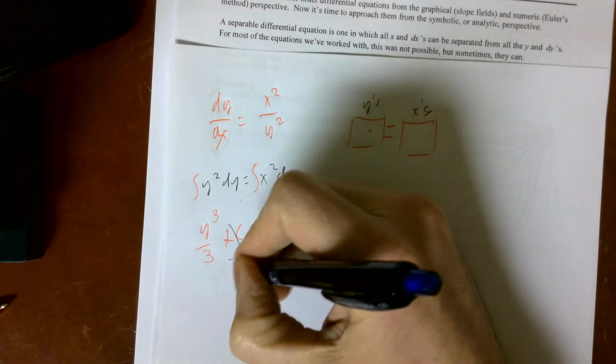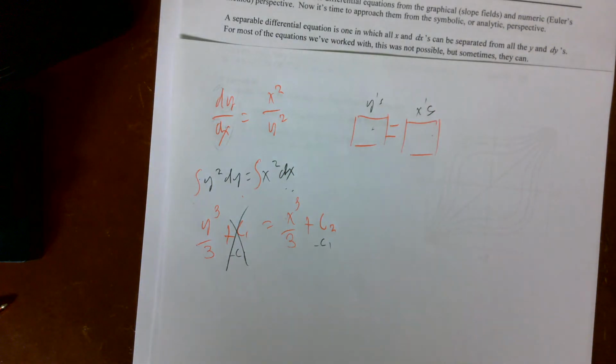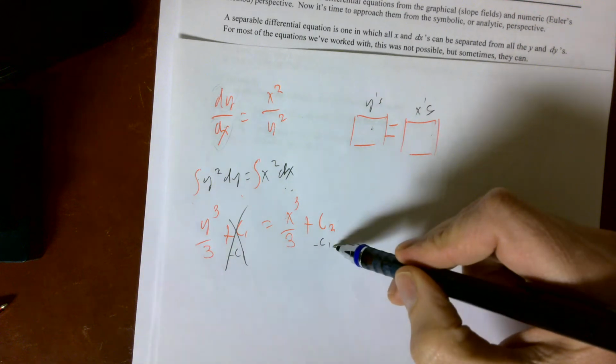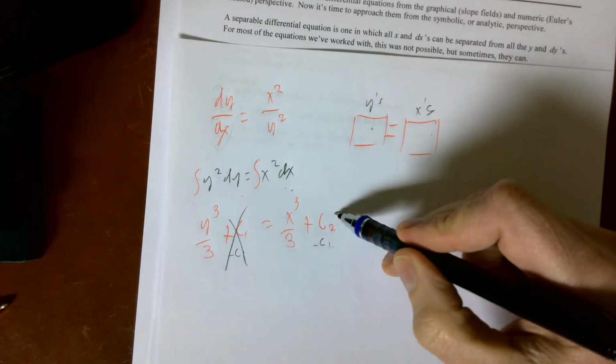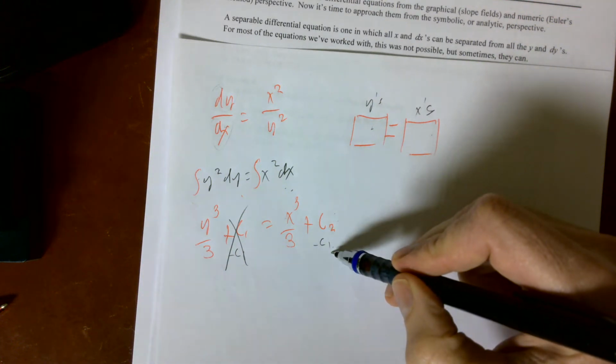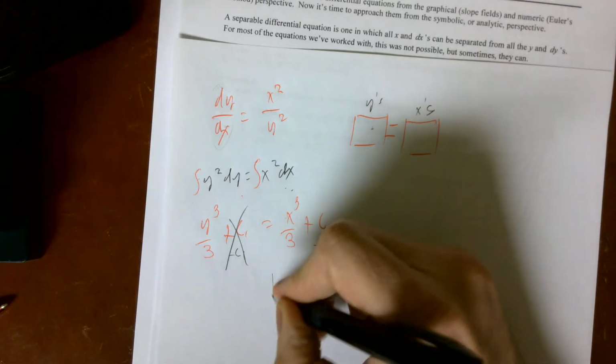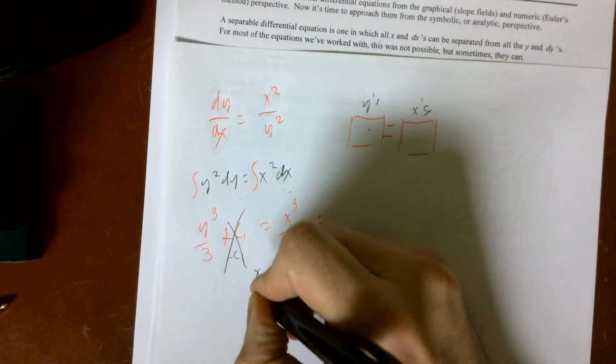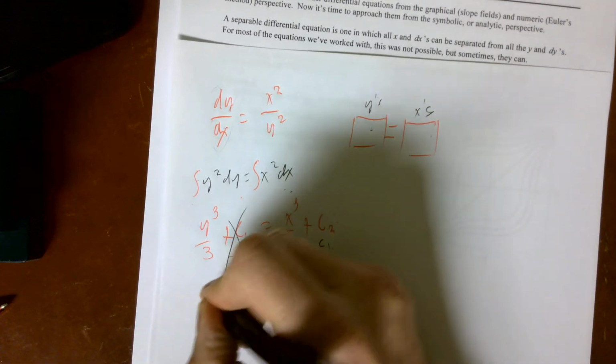And then I'm going to say a phrase that you're going to hear frequently today. This constant is a number you don't know, and this constant is a number I don't know. And so if I have a number I don't know minus another number I don't know, what we end up with is basically just one number I don't know. I still have my x cubed over 3, and I have my y cubed over 3.